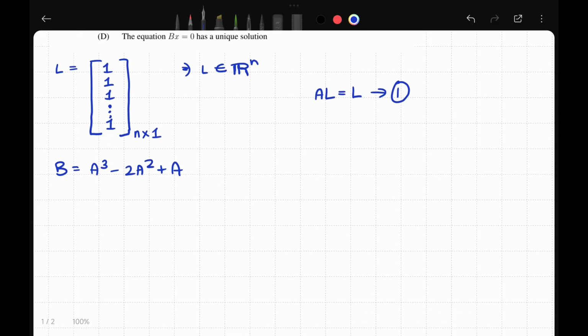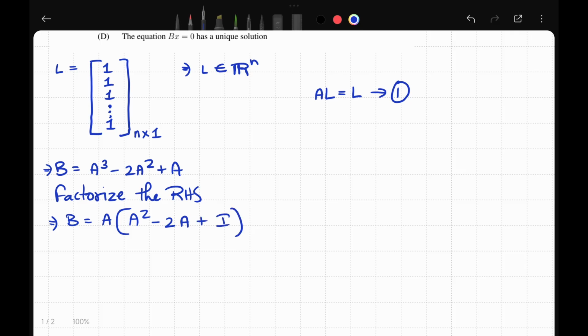Okay, now we factorize the RHS for this equation, right? So it becomes B equals A times of A square minus 2A plus I, right?